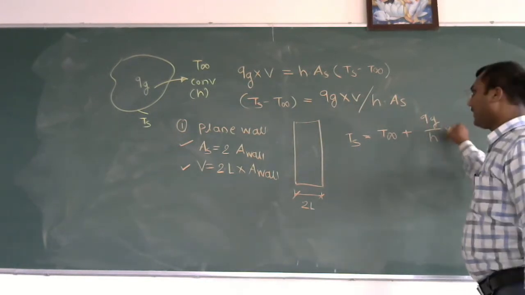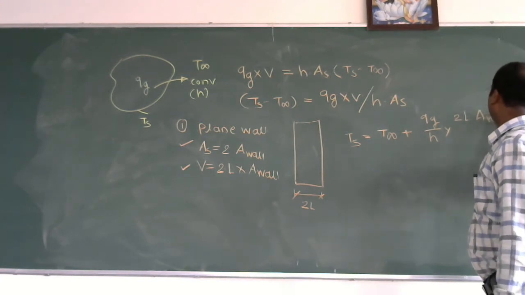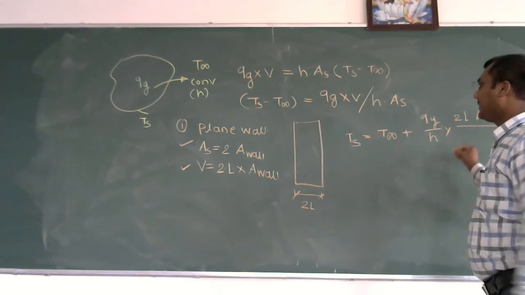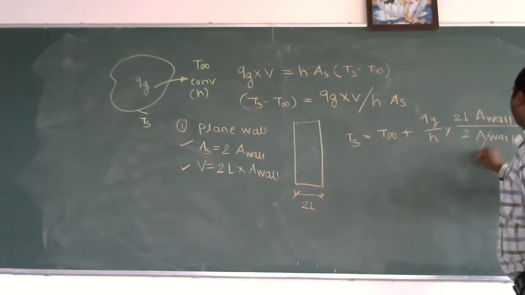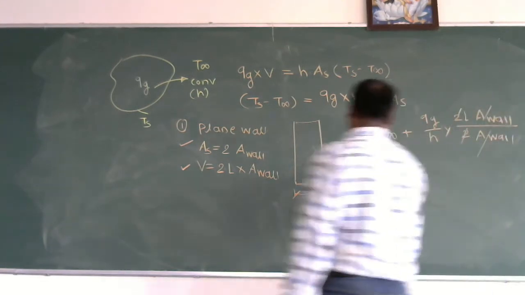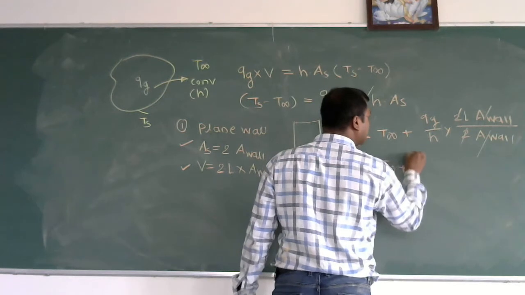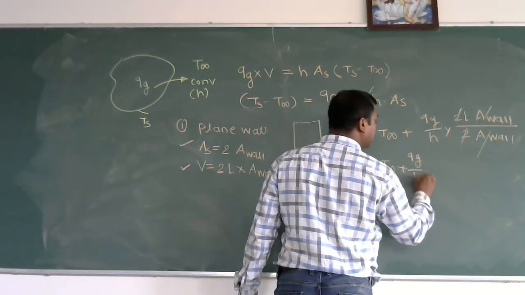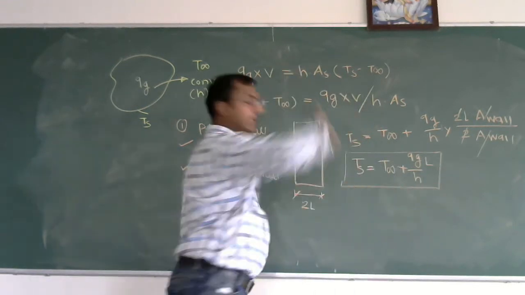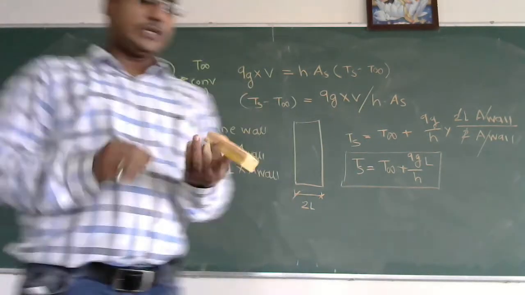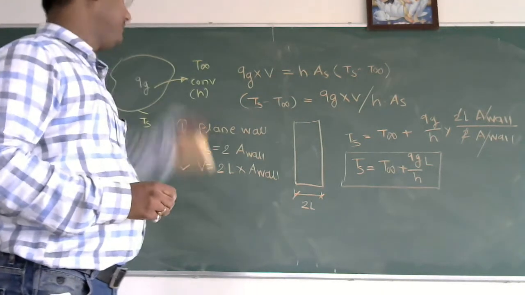The volume is 2L into area of wall, divided by the surface area, that is 2 times area of wall. So this cancels out, and I get Ts equal to T infinity plus Qg L by h. This is the equation for the surface temperature of the wall.